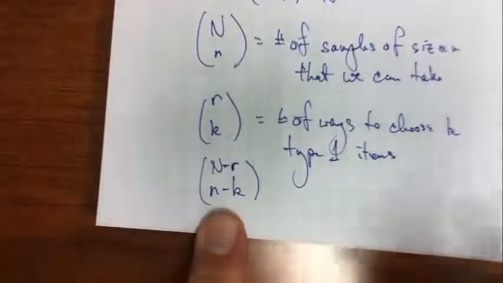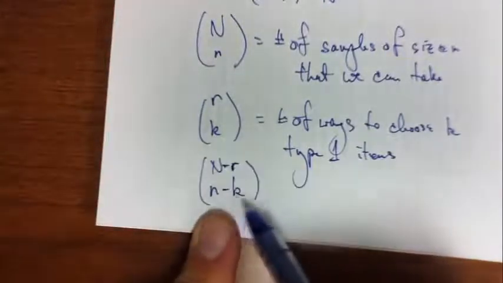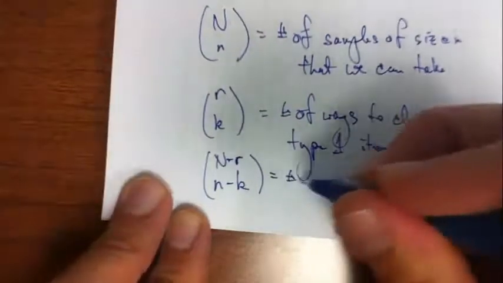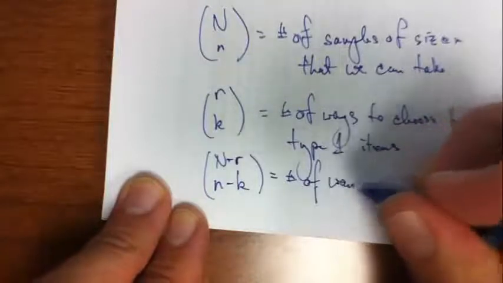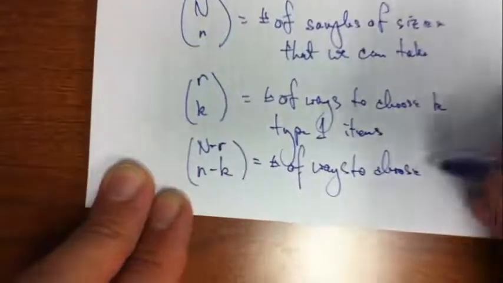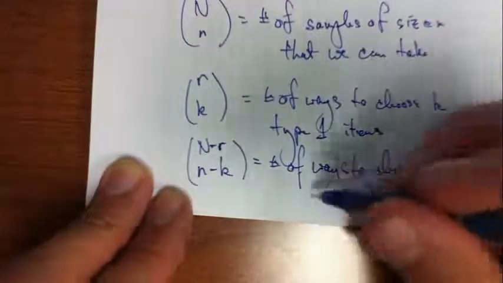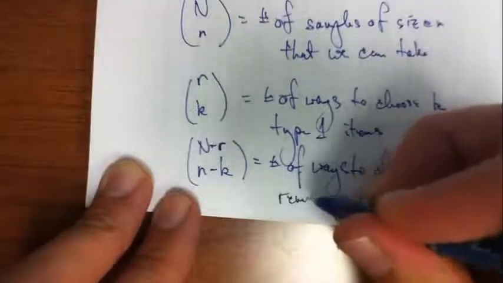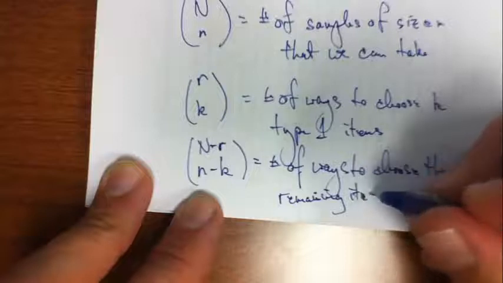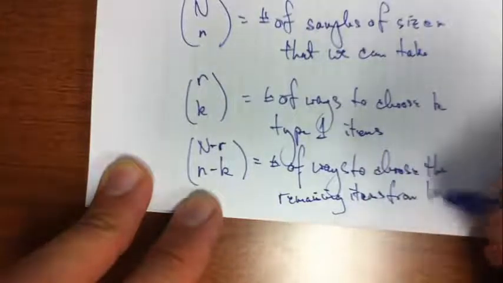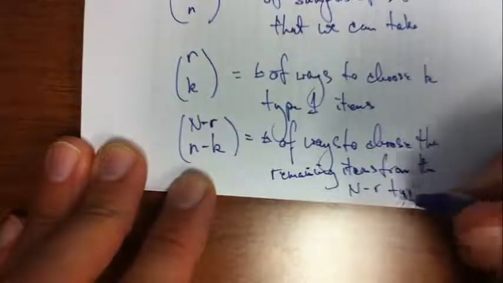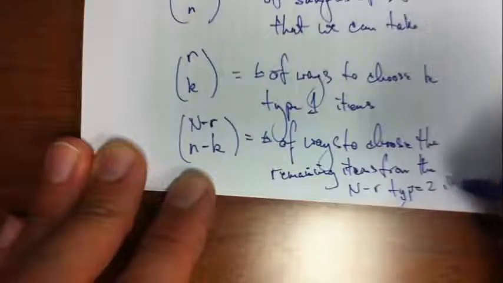Right, because k plus n minus k is my sample size. So this is the number of ways to choose the remaining items from the N minus r type 2 items.